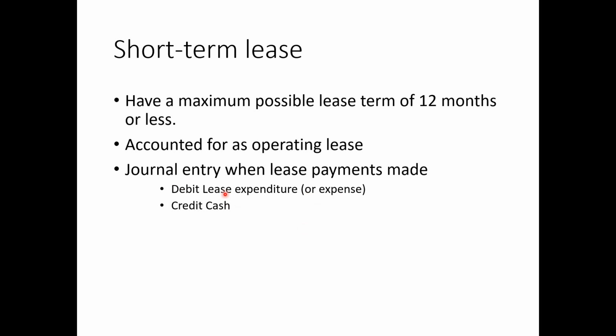So the journal entry for the governmental fund and the government-wide statement are the same, except we use a different term, one expenditures, one expense. But the journal entry will be the same for operating leases, which are usually short-term leases.